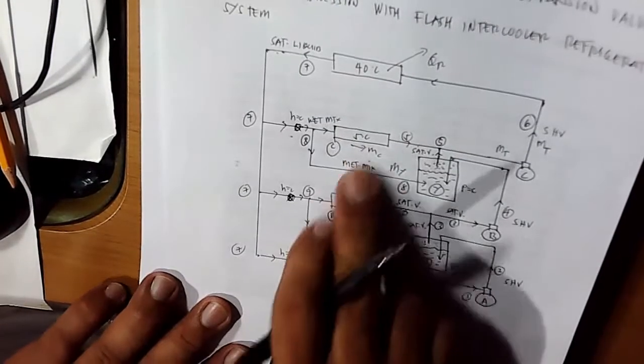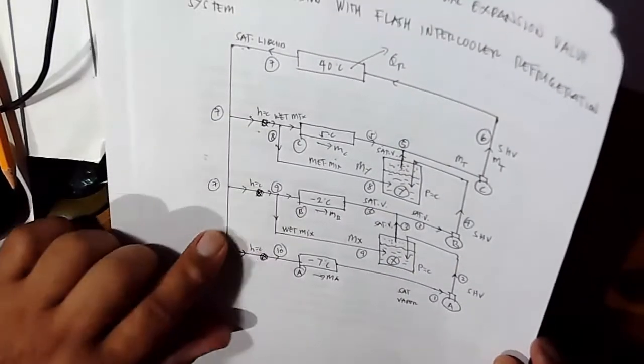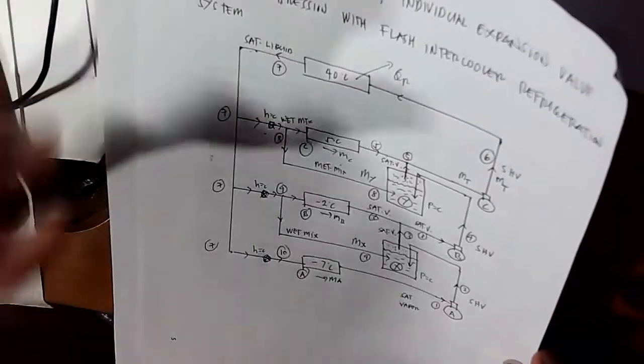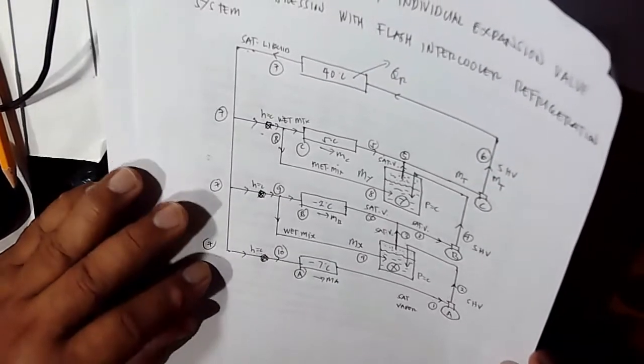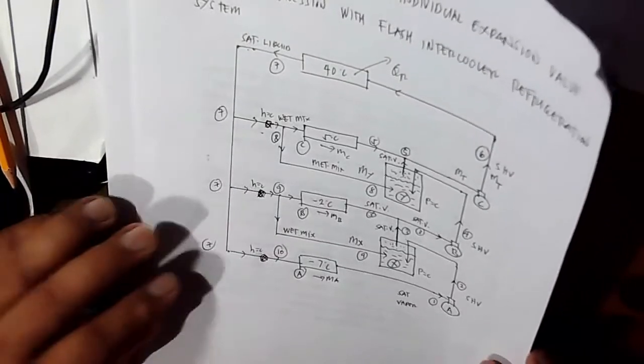Okay, you can easily determine the masses A, B, C, and at the same time you can compute the heat added in the usual way.